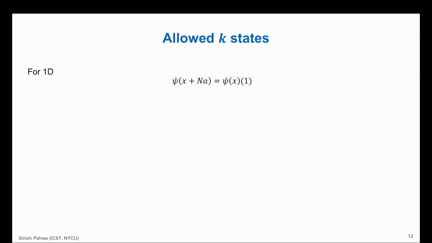for 3D. So psi of x plus Na is equal to psi of x, I know that. From the Bloch theorem, I also know that psi of x plus Na is equal to e to the power iota k Na into psi x, right? So psi of x plus a is equal to e to the power iota ka into psi x, and I have replaced that a with Na, so that will be e to the power iota k Na. It's not that you can put any number here, because it's an integral multiple of a.